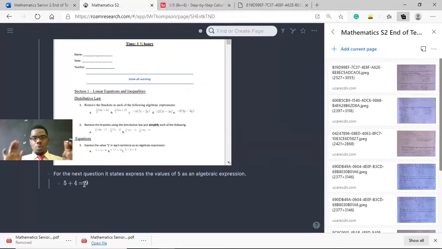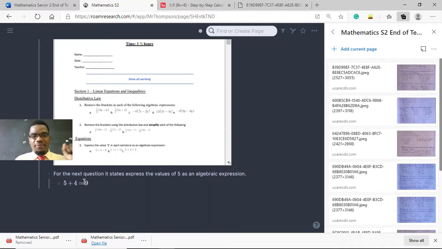Let's go back. What do we know makes an algebra term? We know it has to have known values, of course, like 9, but also it needs to have an unknown, like a letter. So 9 is a value, 9x is an algebraic term because we don't know what x is. That's the difference. Go back in your notes, right?